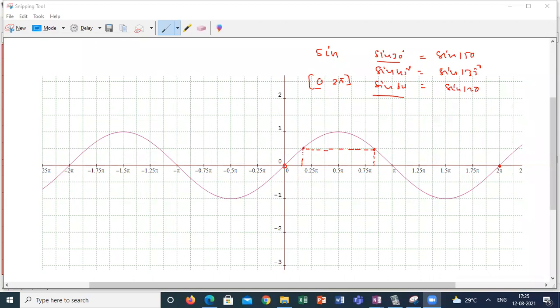So what are we trying to say about principal solutions? I have to take an interval in such a way. Suppose I am taking an interval, I am using this one.